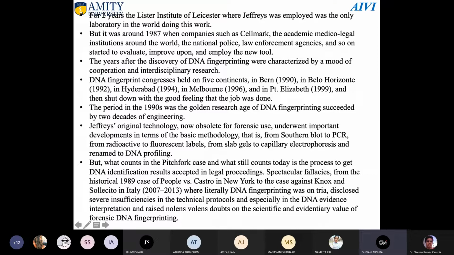DNA fingerprinting congresses were held on five continents: in Bern in 1990, in Belo Horizonte in 1992, even in India, Hyderabad in 1994, Melbourne in 1996, and Port Elizabeth in 1999. A congress simply means that people worldwide working in the field of DNA fingerprinting came together, sat together, and decided on a mandate for how to further strengthen these techniques.